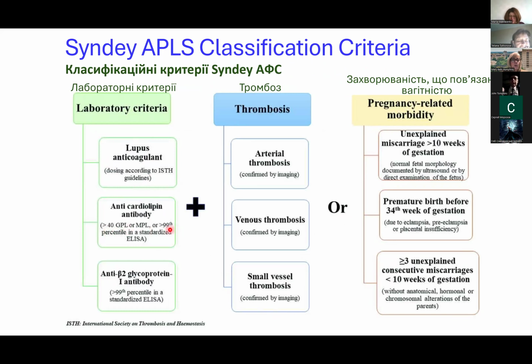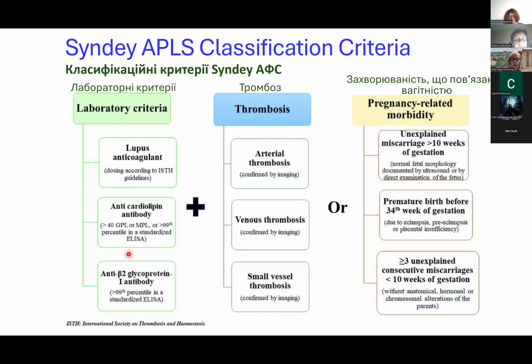So if you order these labs, there will be a level, and it has to be in these higher levels to be enough to cause thrombosis or clotting. And then again, the anti-beta 2 glycoprotein 1 antibody. And again, these have to be high titer. Sometimes you'll see patients with low titer of these antibodies, and when you repeat them, they're still low titer, and that actually doesn't fit the criteria.